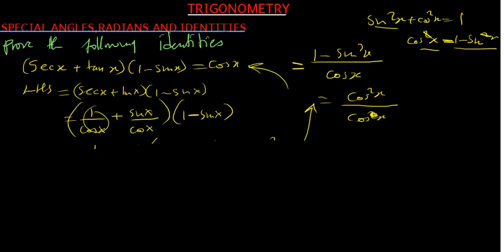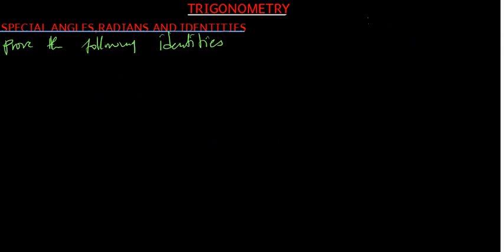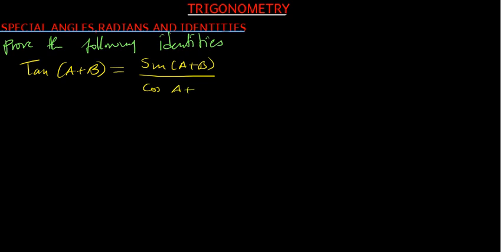Alright, now let me talk about one other identity which I didn't talk about, the tan. So what if you've been given tan (a + b)? How do you work out this one? Of course we know that tan (a + b) can also be written as sin (a + b) divided by cos (a + b).